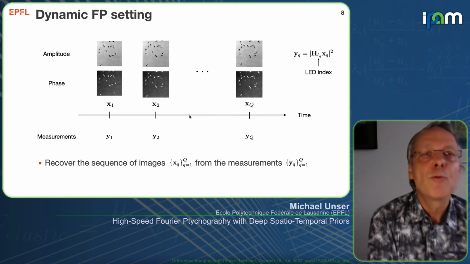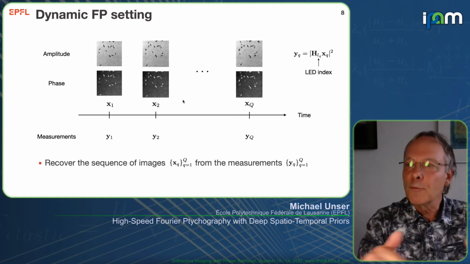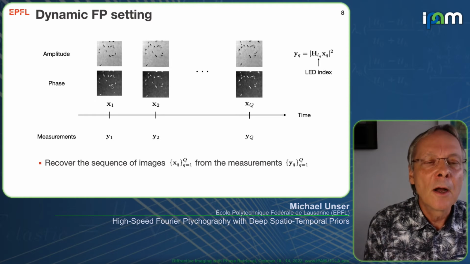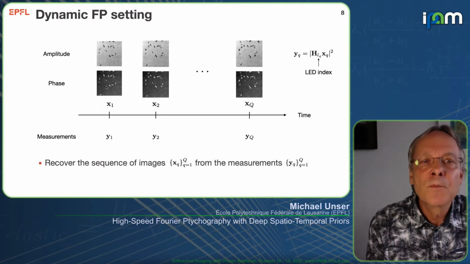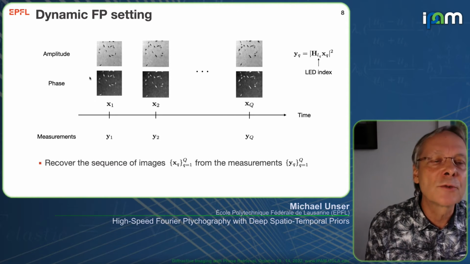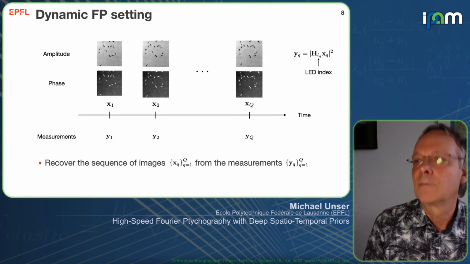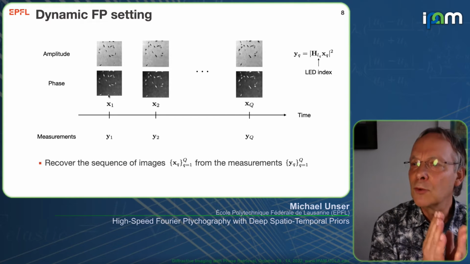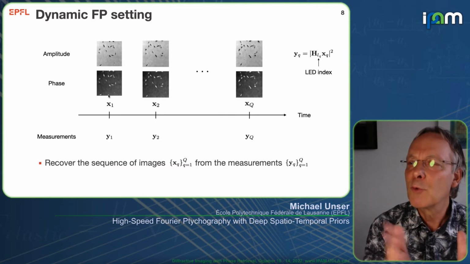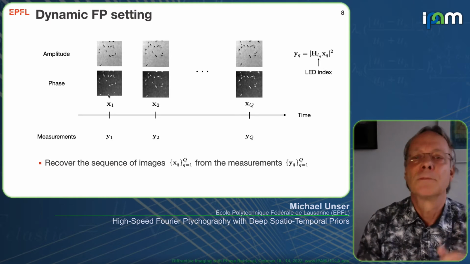And now if we want really to set up this as an inverse problem, maybe you have to look at it the other way around. So here we have the images, and those, I should say, are phase and amplitude images. Okay, and so here are some examples, and those would be images that we want to recover that happen at the fast rate.